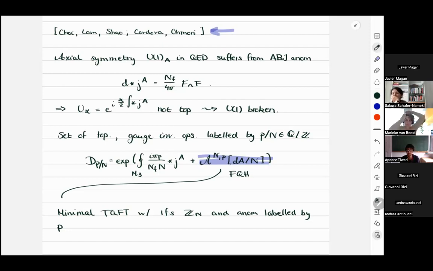It generates a transformation in the M3. It exactly tells you that the top loop is mixed with this topological operator. And I don't understand why we should enforce invariance under these large transformations in order to call it a symmetry. Maybe you can.